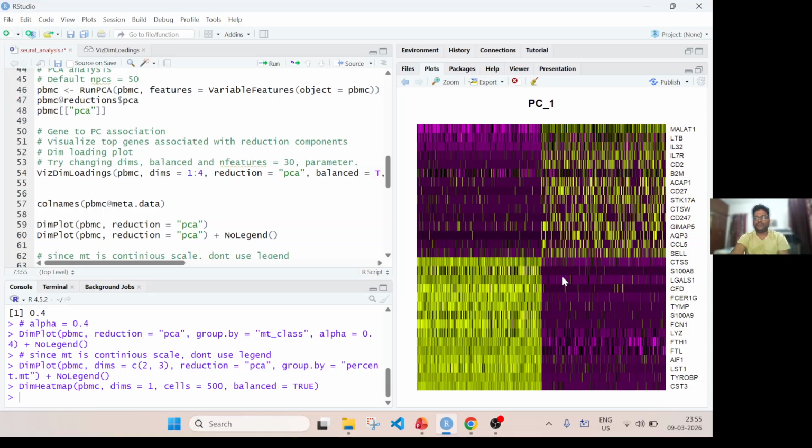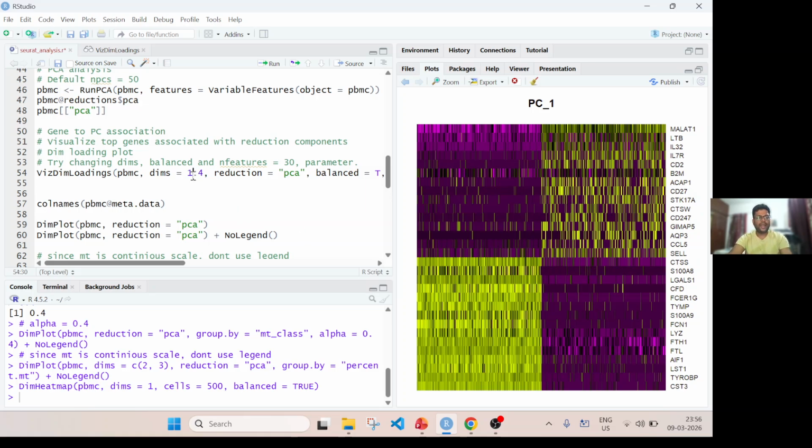The opposite we see in the other genes. That's why the high expression of these genes is low in PC1, and that's why we see two kinds of clusters. This is very nice information, and we can see the clustering between the two cell groups.